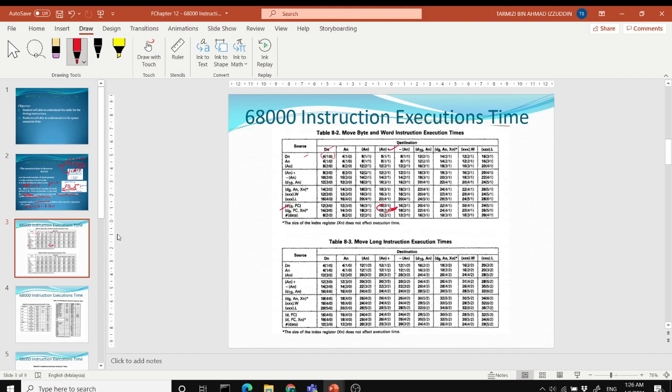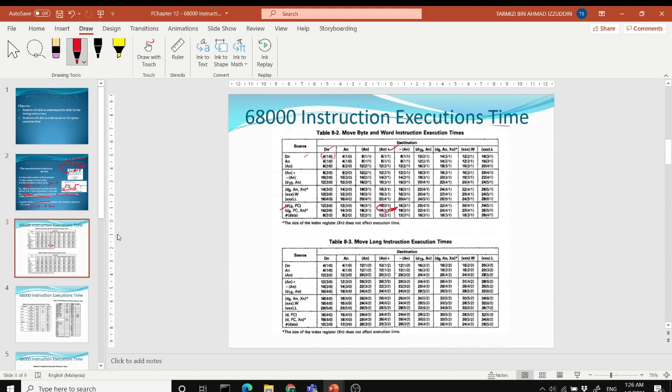So you can see from this table, the data from the data sheet, what is the total number of clock periods required to execute a particular instruction. So table 83 shows the execution time for you to move data from a particular source to a particular destination.